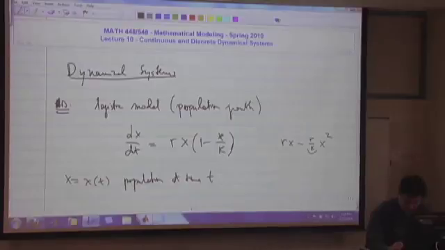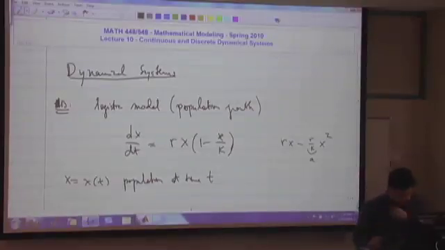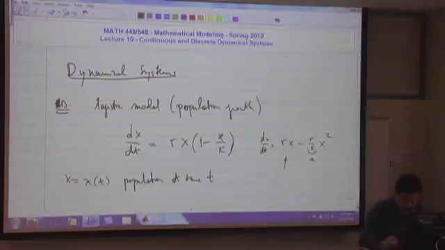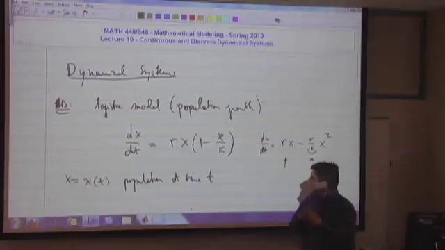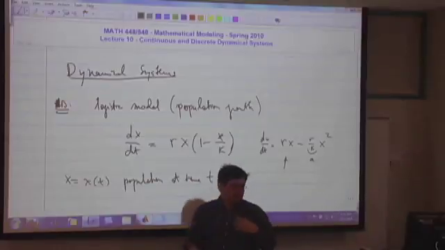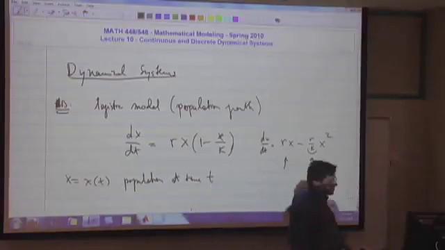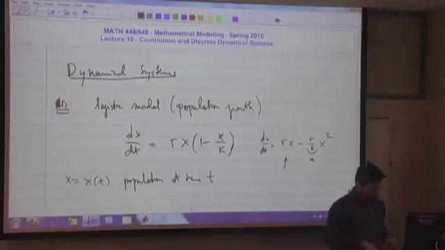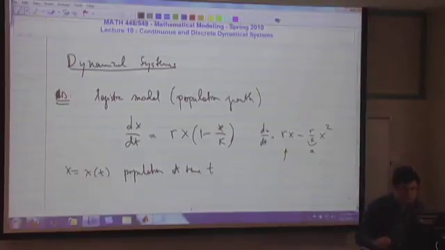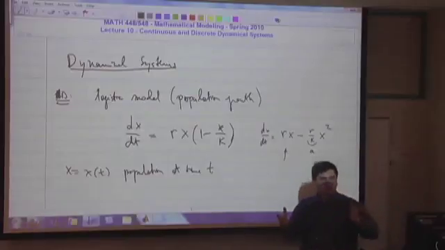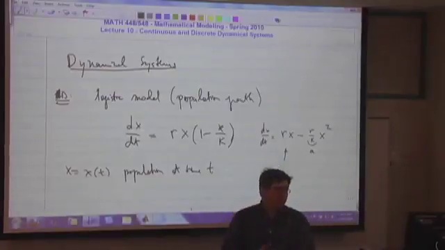So this is just a constant. Think about it as just a positive constant A, right? Every time you build a model, you have to take into account certain effects. In population growth, there's an intrinsic growth rate, which assumes that the bigger the population, the faster it grows.